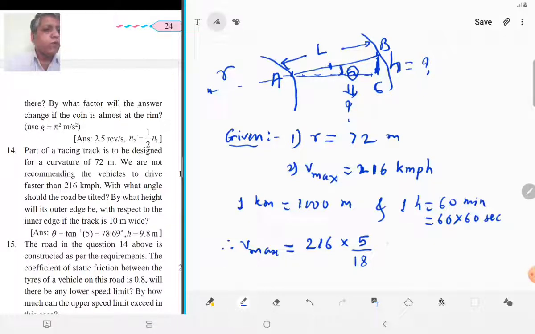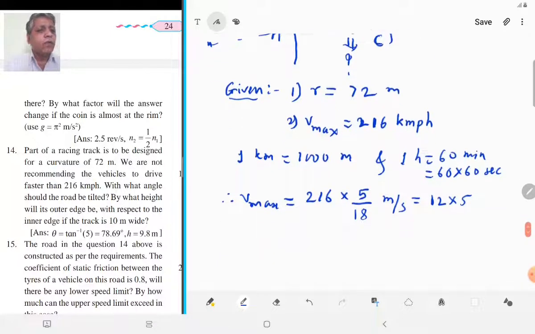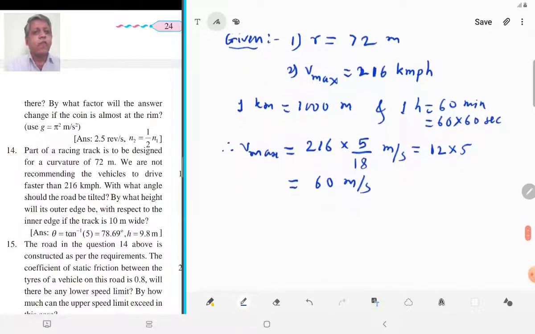This is in meter per second, and that is equal to 216 divided by 18, we get 18 ones are 18, 3 remains, 3 and 6 36, 18 twos are 36, 12 into 5, and therefore this is equal to 60 meter per second. Vmax is equal to 60 meter per second is given.